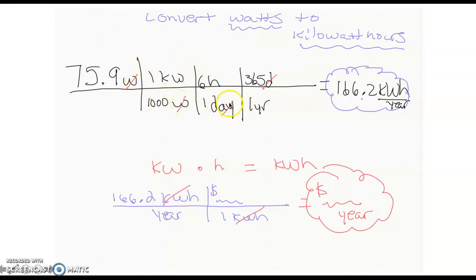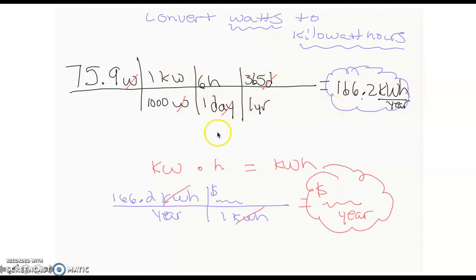So watts cancels, day cancels, and this is probably a new unit to you. A kilowatt hour does not involve cancellation. A kilowatt hour is kilowatts times hours. So I have 75.9 times 6 times 365 divided by 1,000, and my unit is kilowatt hours per year.